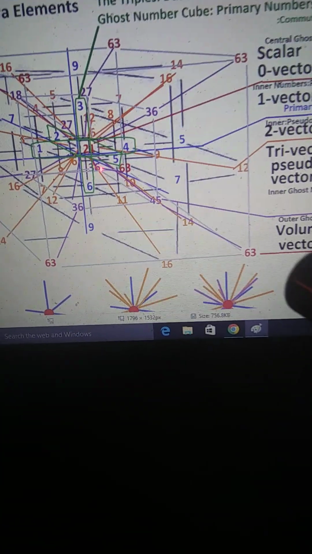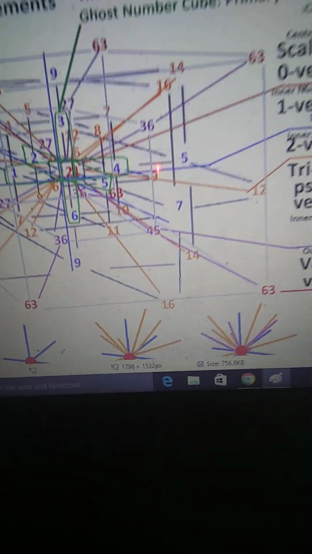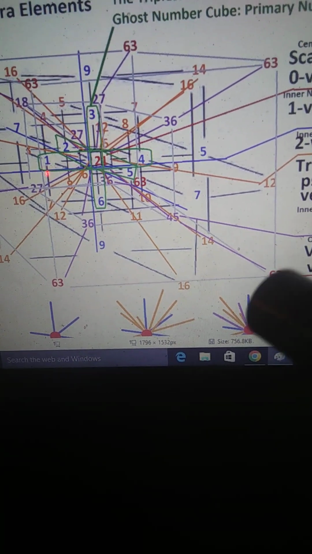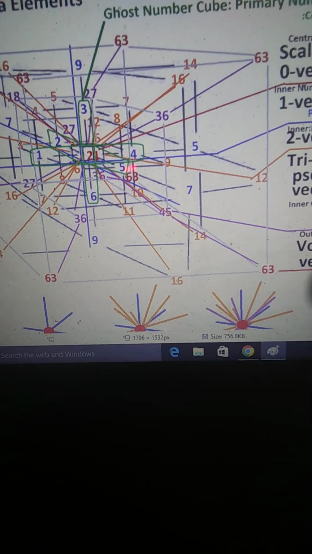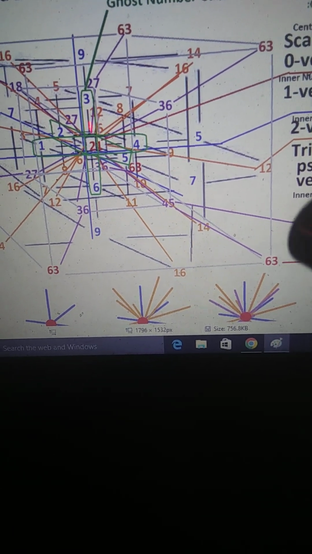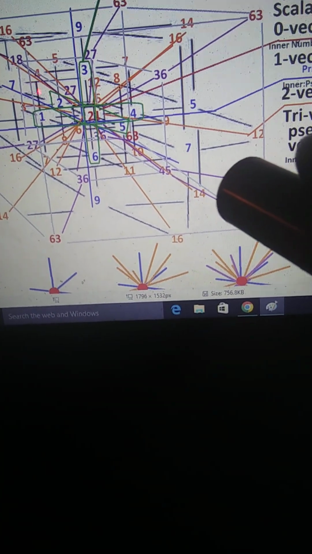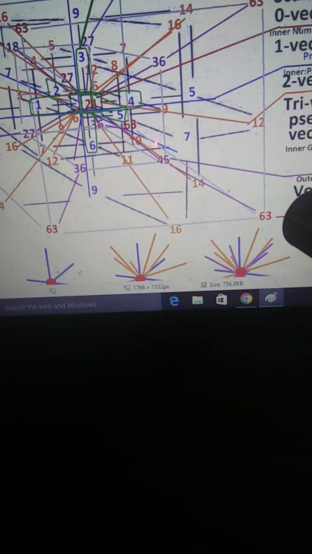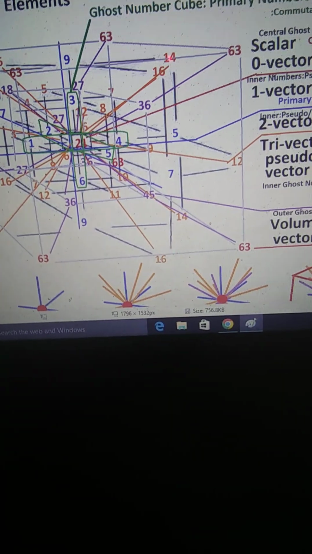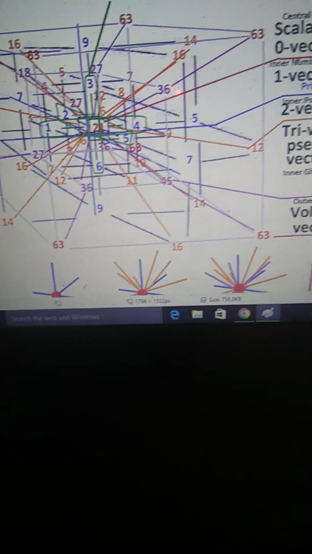So you have the point, which is the central ghost number, 21. You have the lines, the one-dimensional lines, which are the dual pair of primary numbers in the inner cube. And you have the area vectors, which are the crosswise areas at the corners, the orange numbers at the corners of the inner cube, and the orange numbers on the outer cube too.